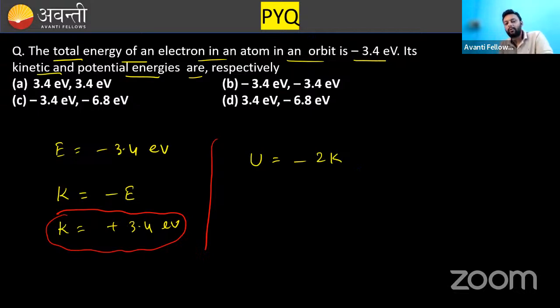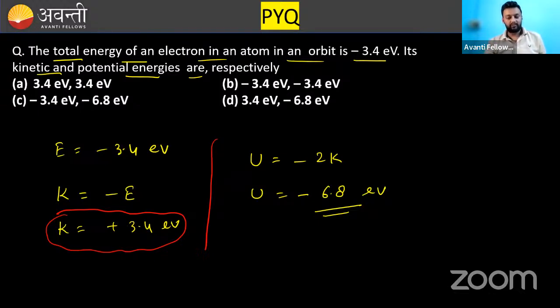Gauri is saying D option. So U will be minus 2 times of this 3.4, that will be minus 6.8 electron volt. Very good. Logesh is also saying D. Chichuni is also saying D. I think Veena is also saying D. That means everyone got this question. Very easy.